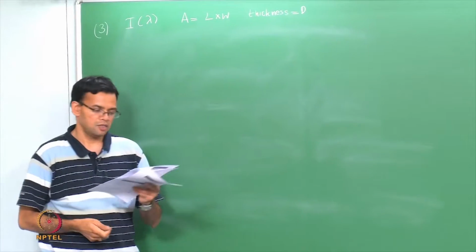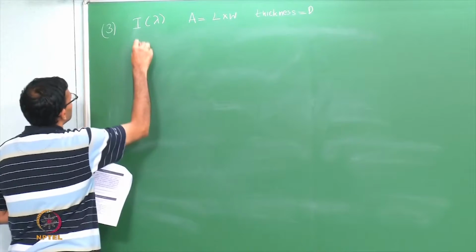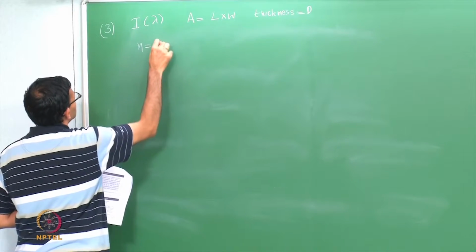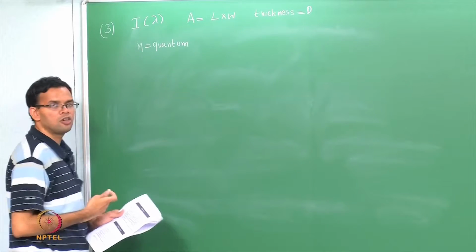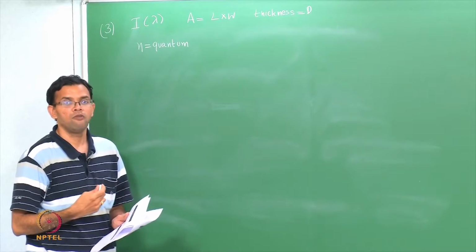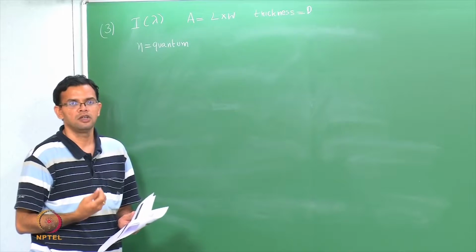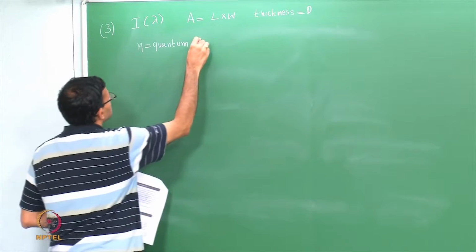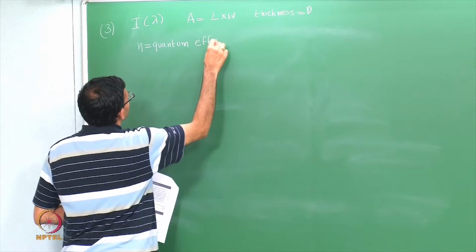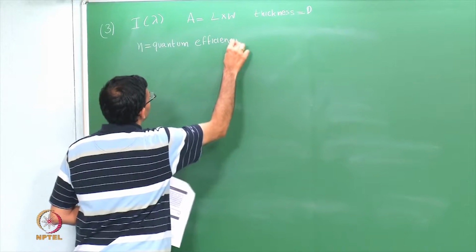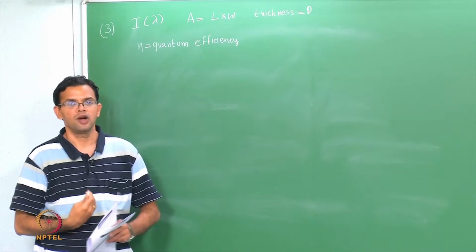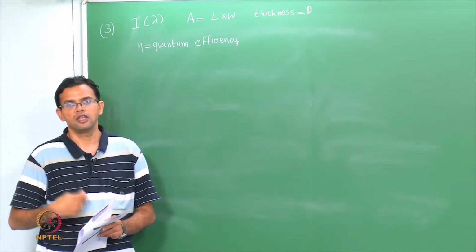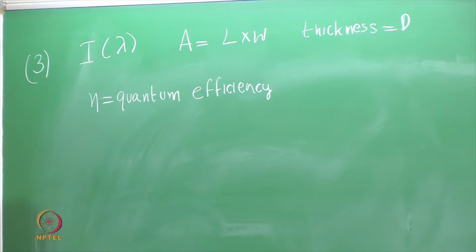If eta is the quantum efficiency, quantum efficiency defines how many photons are converted to electron hole pairs. In the last problem we assumed the quantum efficiency to be 1, so that every photon gets converted to an electron hole pair.